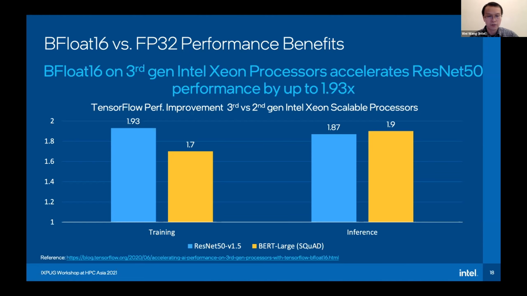With Intel software optimization and oneDNN, we were able to get this for both training and inference. In addition to ResNet50, we have natural language processing, a popular use case as well, where we are accelerating up to 1.9x.